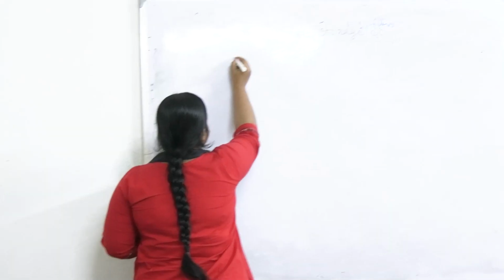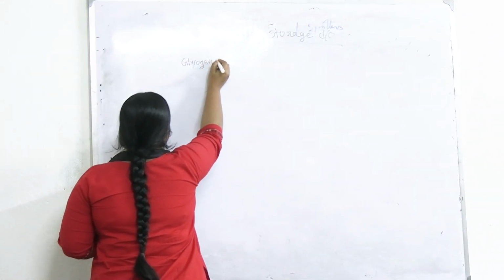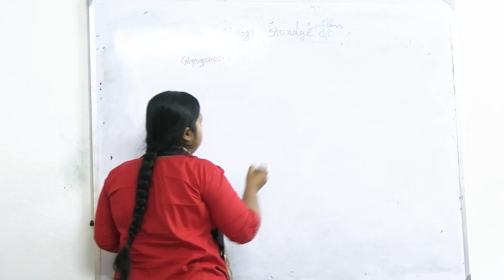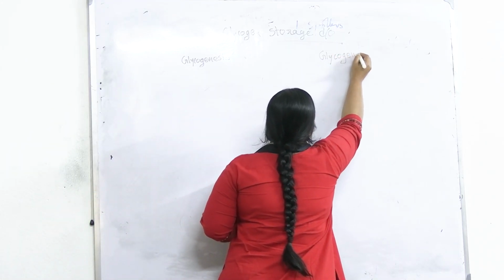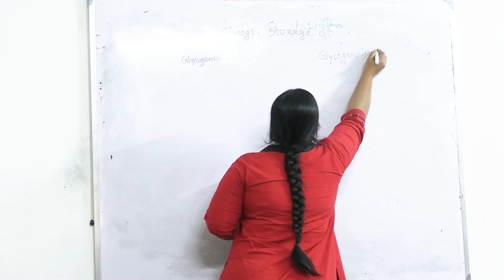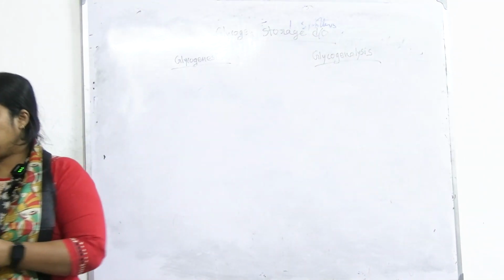What are they? Production and breakdown. So production of glycogen, that is known as glycogenesis, and breakdown is known as glycogenolysis.